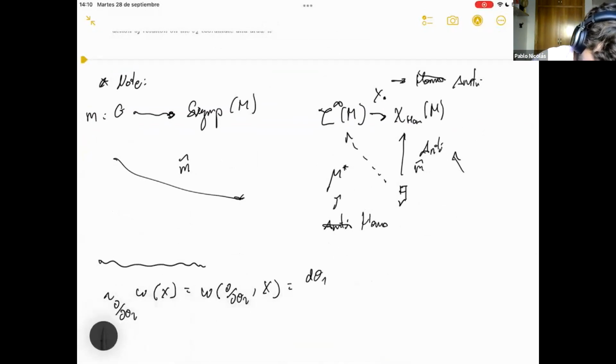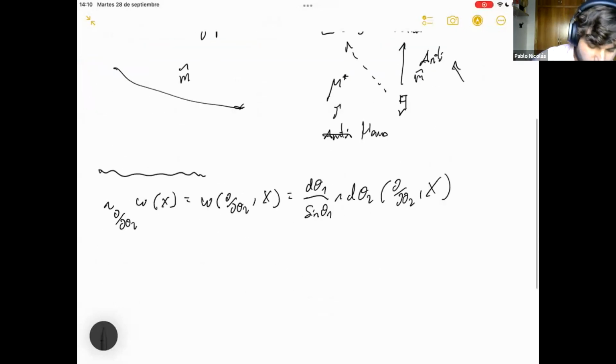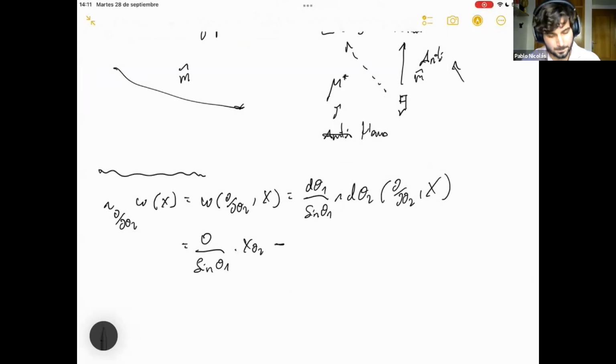this is dθ1 over sine θ1 wedge dθ2, contracted with ∂θ2 and x. And when we compute this, dθ1 acting on the partial of θ2 is 0. So this is 0 times sine θ1 times xθ2, minus, and now dθ1 acts on x.